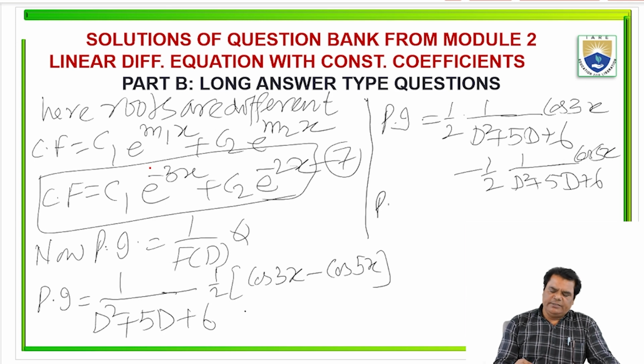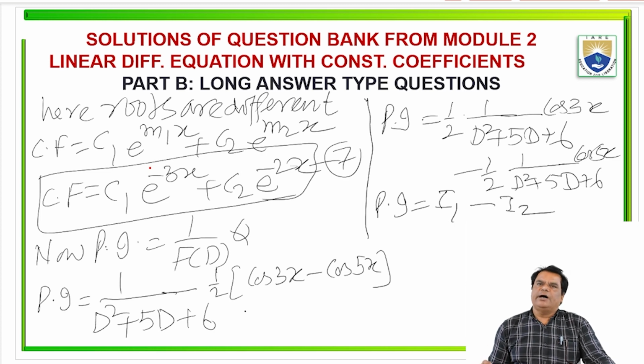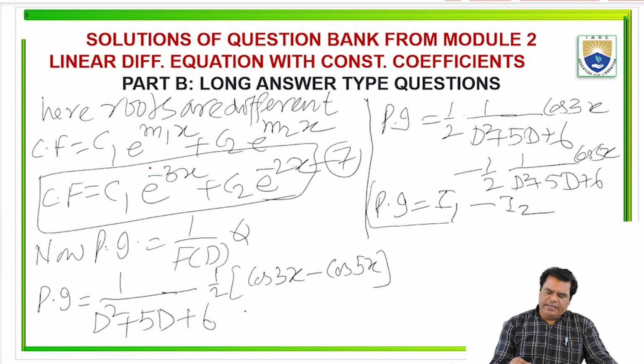So PI is this I1 minus this I2, that is PI of I1 minus PI of I2. This is equation 8.